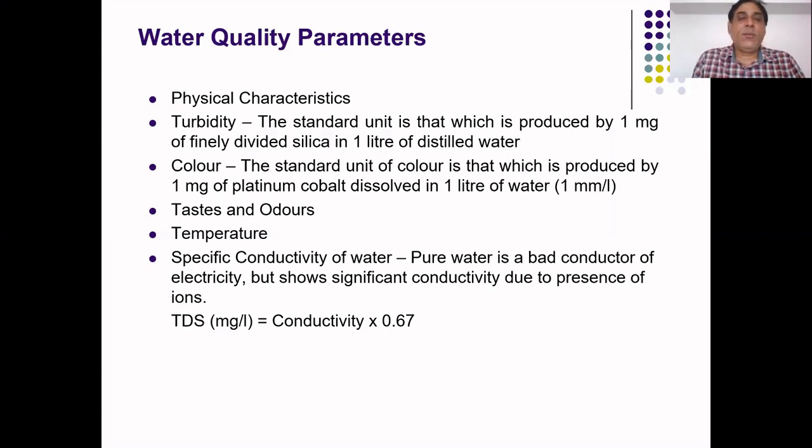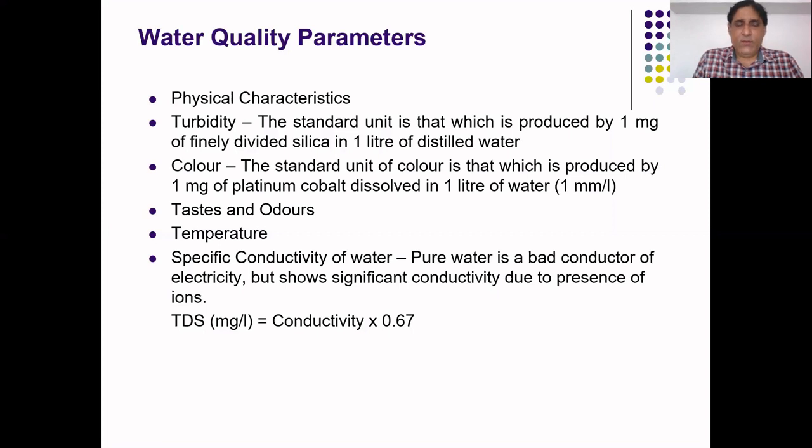Temperature. Now temperature is an important factor. If I give you a water at say even 50 degrees centigrade, it will be difficult to drink. 100 degrees is the boiling point of water, so you definitely can't have it. 0 degree water is very cold, and below that it freezes.